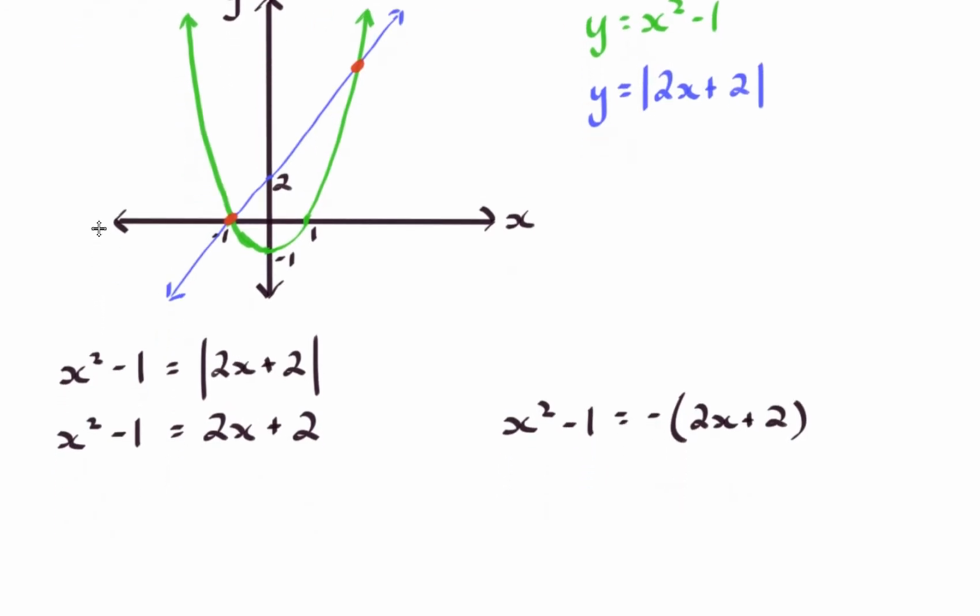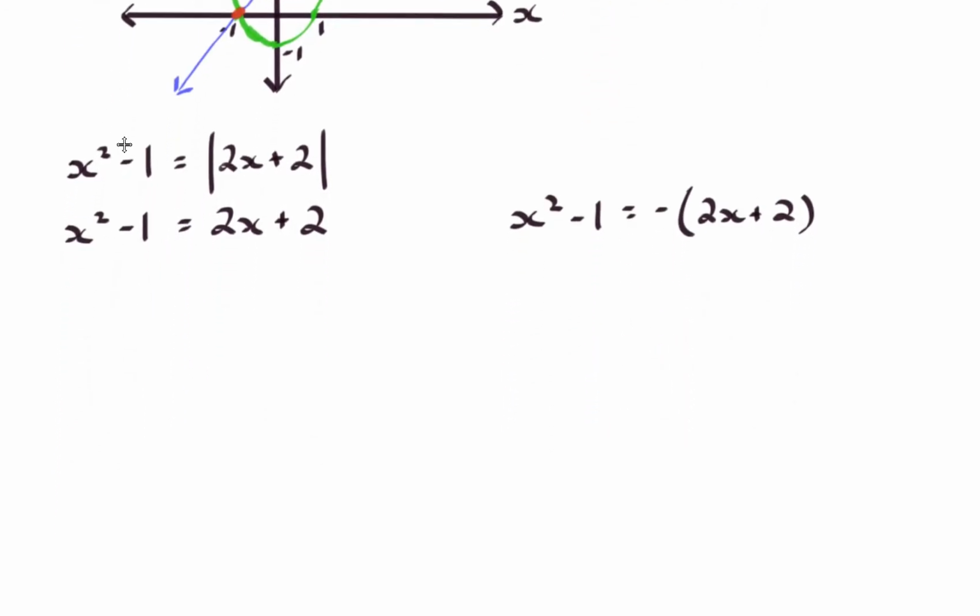So let's solve our first equation on the left. Moving the 2x over and also subtracting 2 from both sides, we get the following.